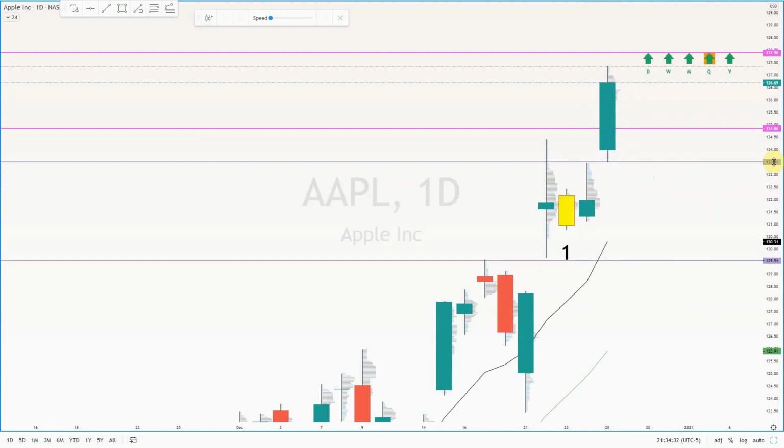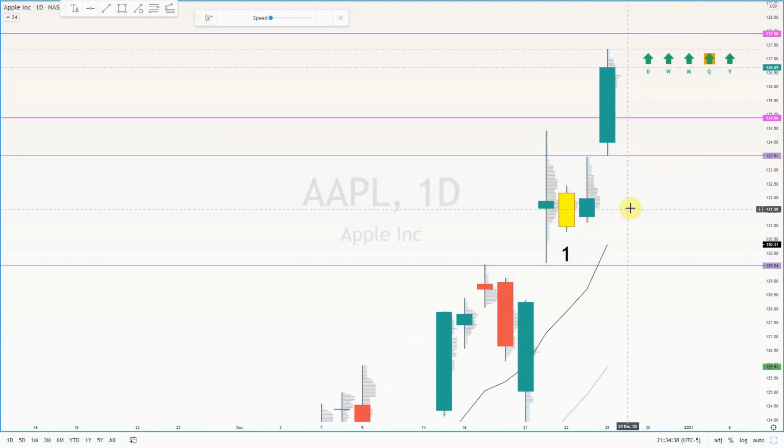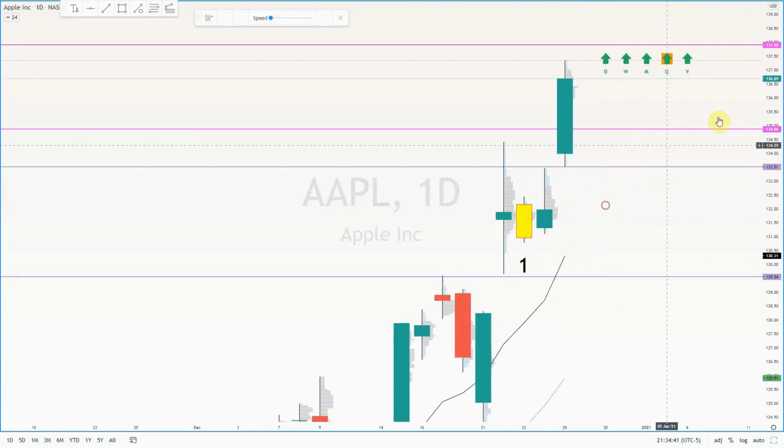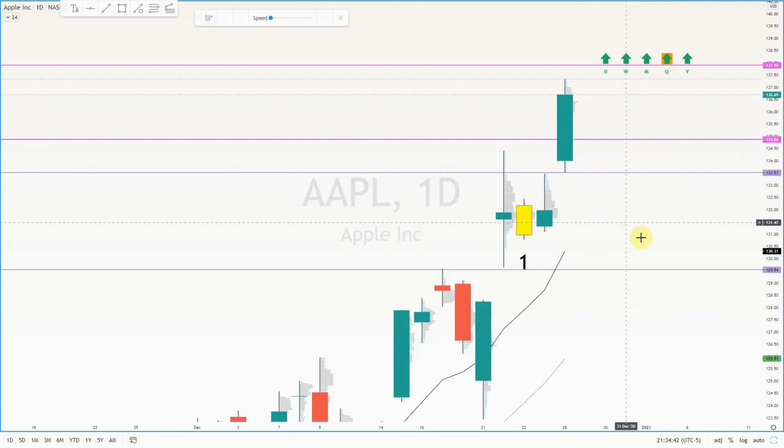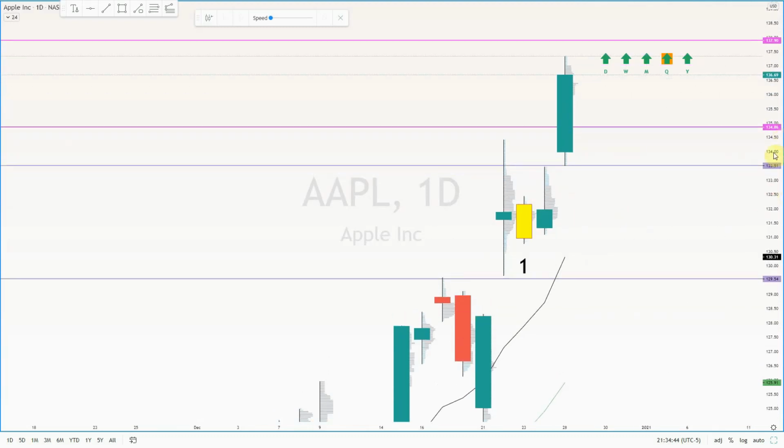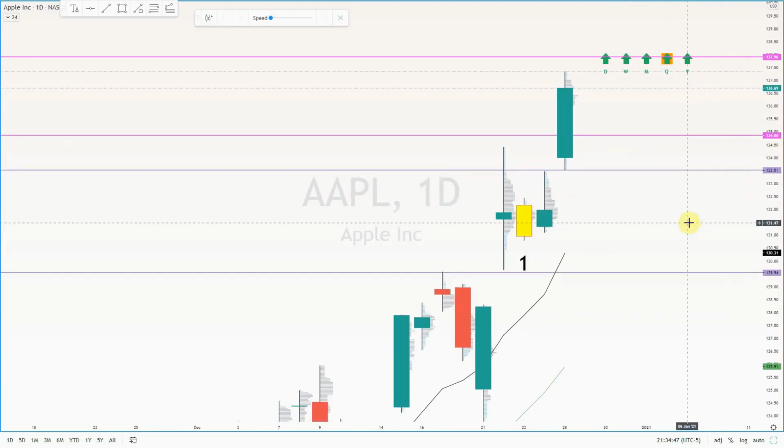What I do look for though, 90% of the time you're going to see that a stock that gaps up will come back and retest that gap to one degree or another. And how far back into that gap it goes tells you its weakness or its strength.